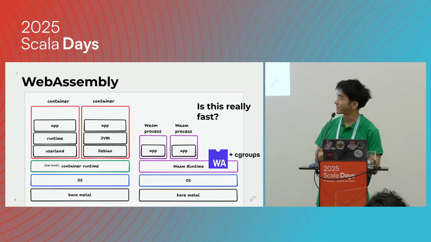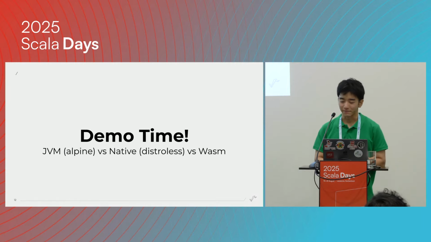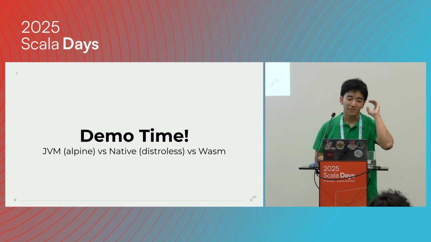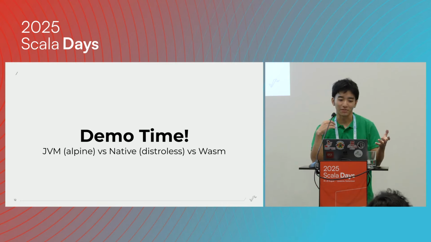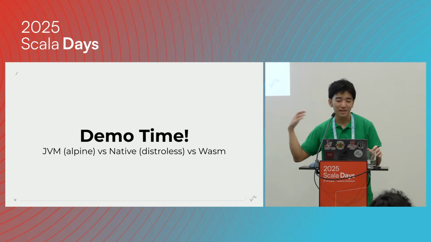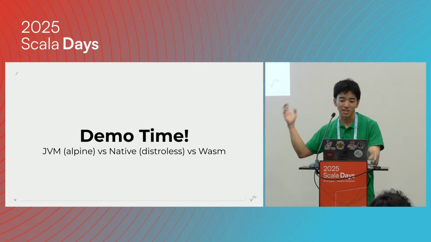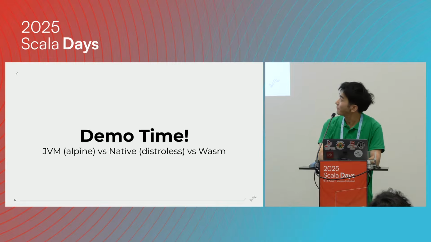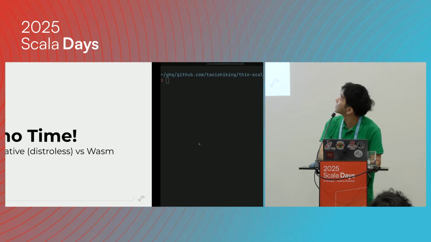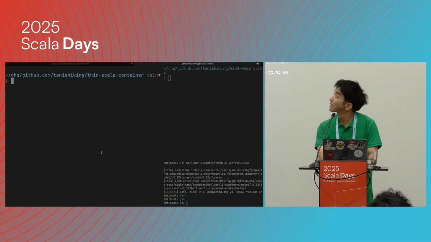So is this really fast? Let's check it. We're going to try comparing the startup time and size of a JVM application packaged into an Alpine container and a Scala Native application packaged into distroless, and compare them to WebAssembly. All the applications are going to be hello world applications.